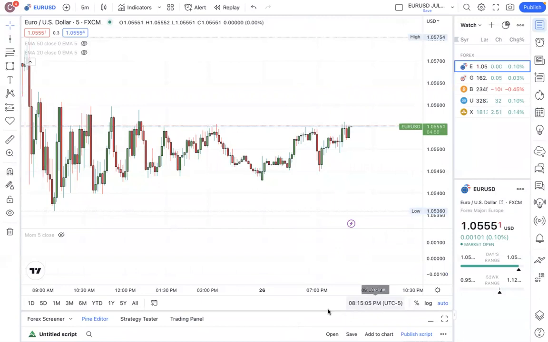Now, is there anything else that you guys are noticing, other than the ranging? Yes, liquidity at the top. Liquidity at the top is telling us that this is a potential sell.